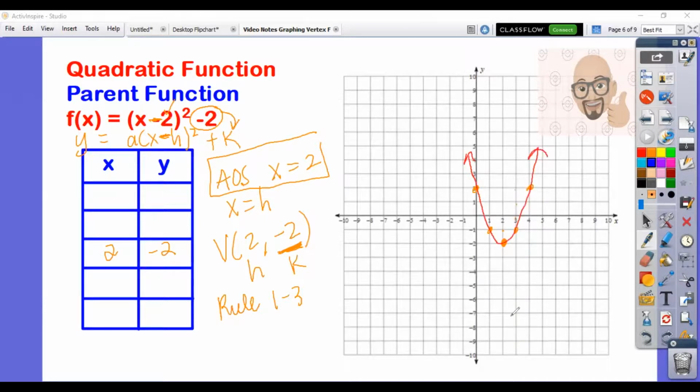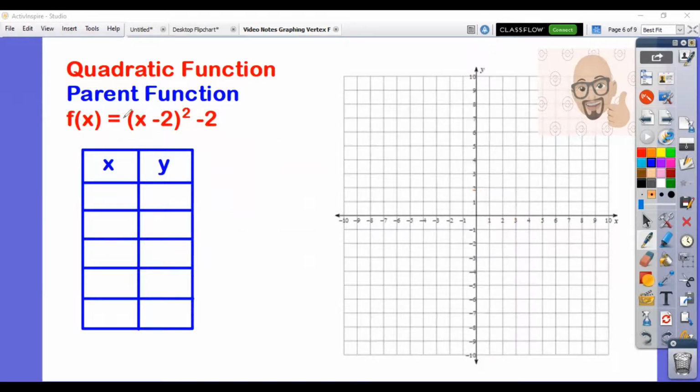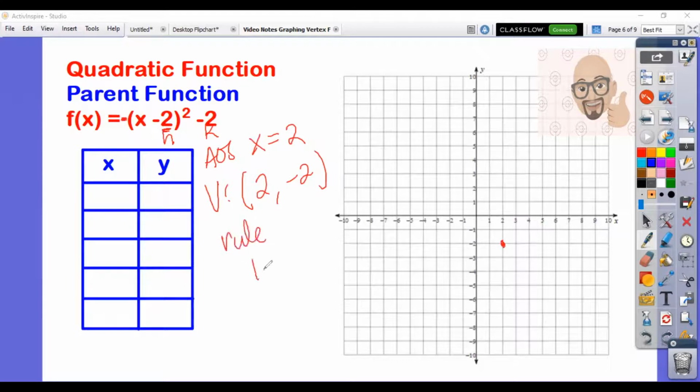Okay, very simple, right? In case we have a negative here, let's say this problem is −(x − 2)² − 2. Again, we have the same thing. The axis of symmetry is x = 2. The vertex here is (2, −2), because this is the h and this is the k. But since this is negative, you're still going to apply the Rule 1-3.